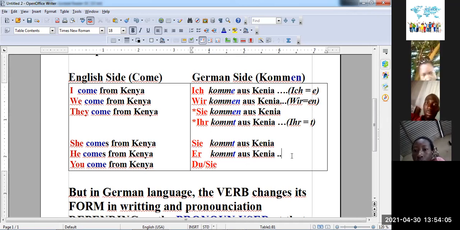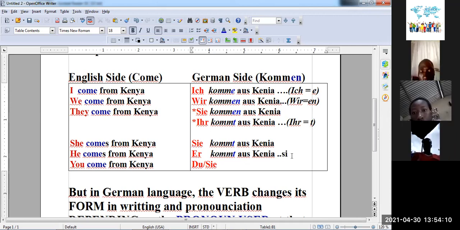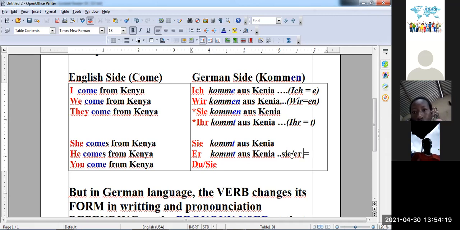So we normally say sie and er equals to end with T. So feminine, she, masculine, he, the verbs will end with T. Okay?